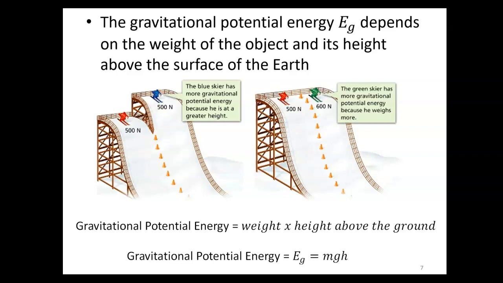The blue skier has more gravitational potential energy because he's at a higher height. They have the same weight, they both weigh 500 newtons, but the one who's at a higher position has more gravitational potential energy. On the right-hand side of this picture, we have a red and a green skier. The green skier has a bigger weight, 600 newtons instead of 500 newtons. They're at the same height, but the green skier has more gravitational potential energy because his weight is bigger.